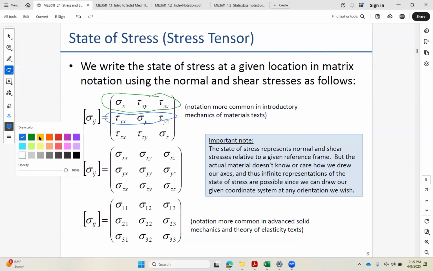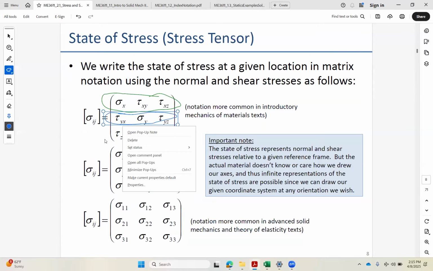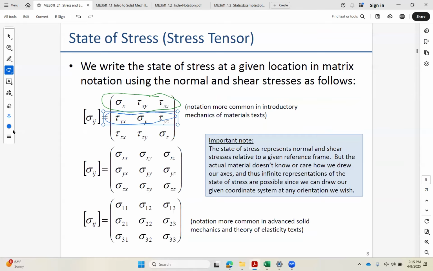And then our Z face, or the red one, is going to be the ones that make up the third row there. So here's our X face, Y face, and Z face.